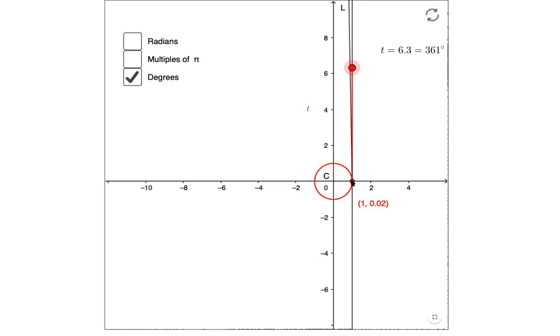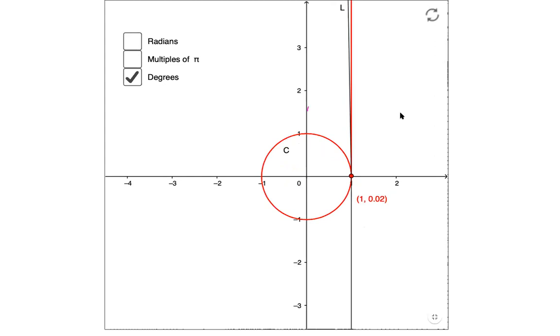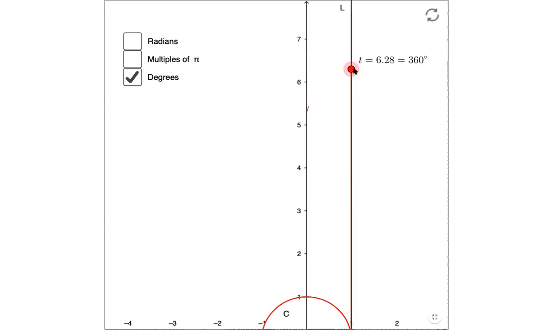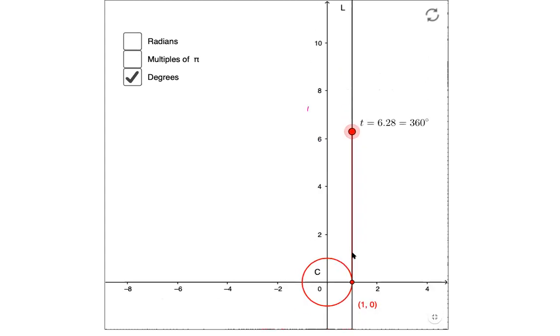Hindi ko lang makuha. Pwede ba siyang i-button natin? Ayaw. Oof. Ayan, anyway. So, let's say 360 yan. Hindi ko lang makuha. Kailangan nating lakihan. Ayun. Yung technique pala eh.